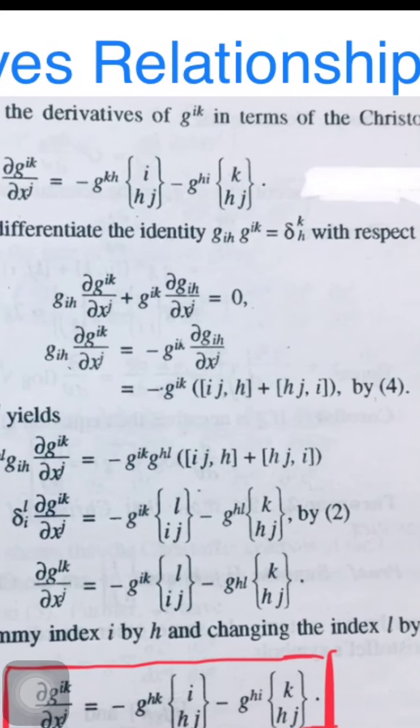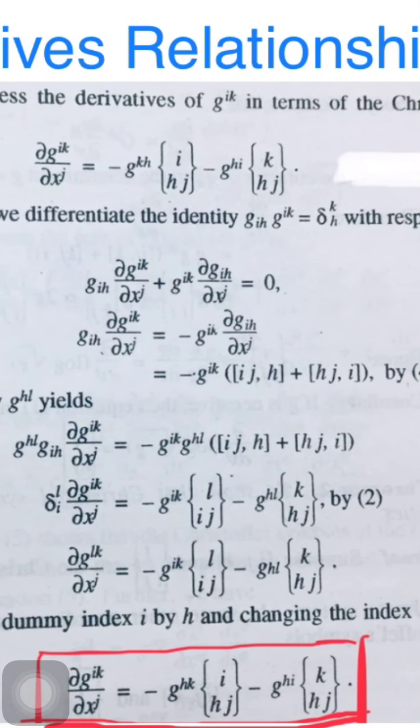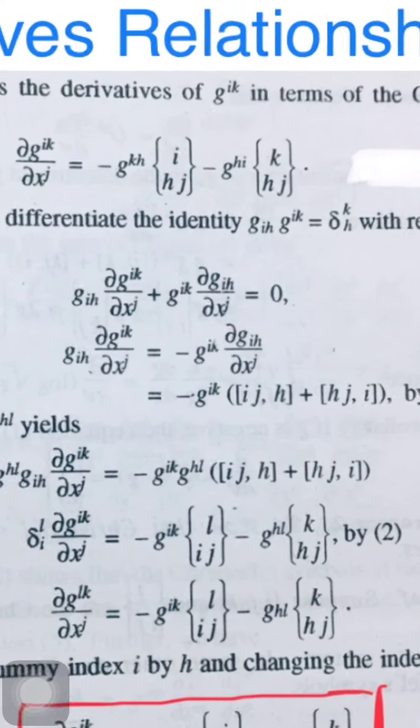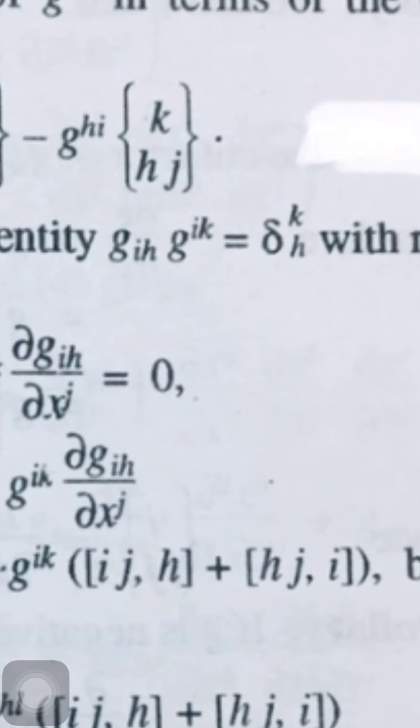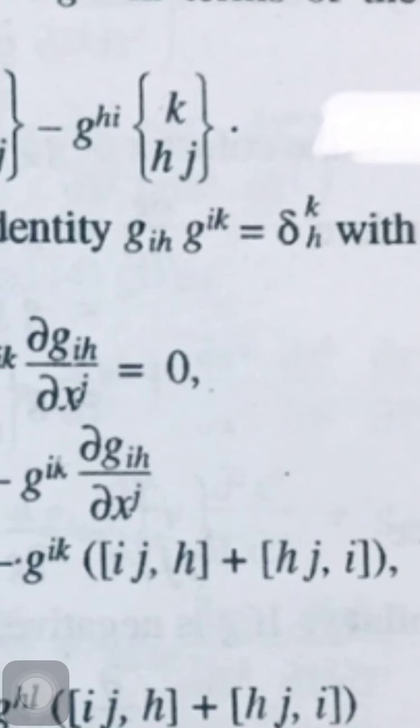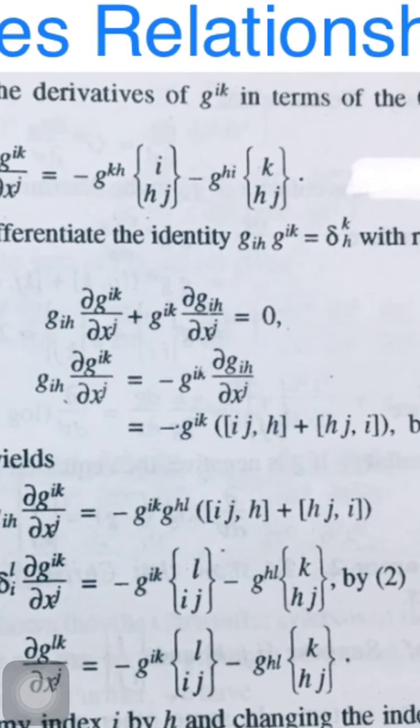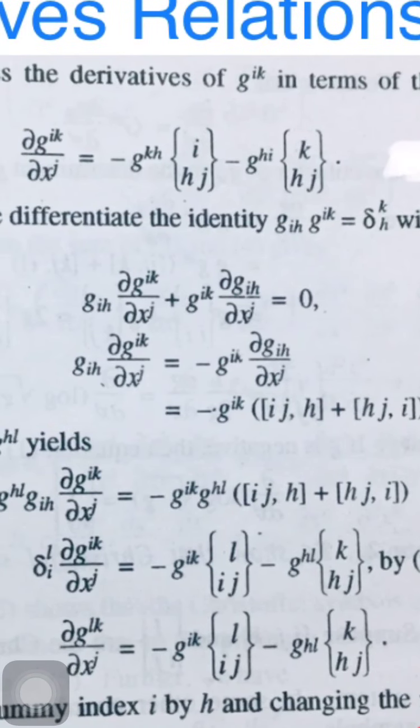To get this, we take the identity g^ih g_ik is nothing but the Kronecker delta δ^h_k. We know that. Using this, we differentiate with ∂x^j on both sides. The Kronecker delta is a constant, therefore the right hand side becomes 0.